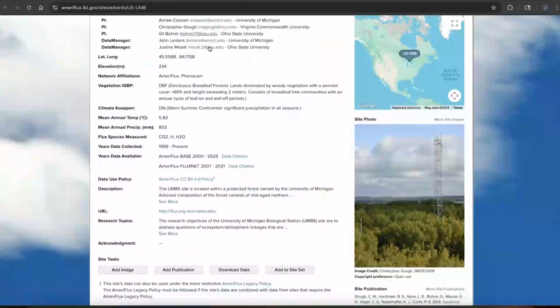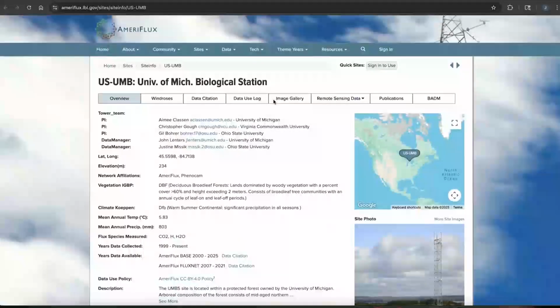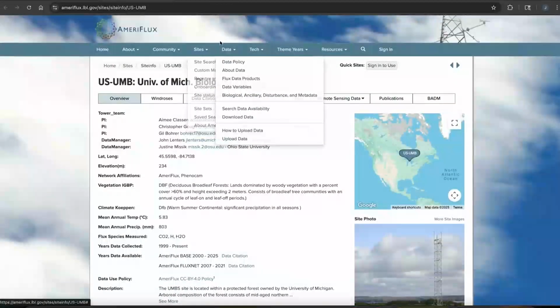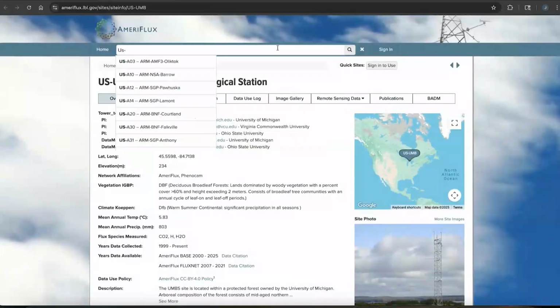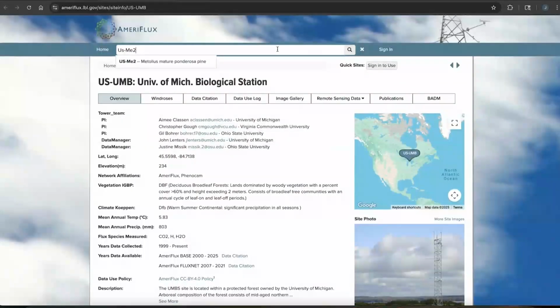So I'll pull that up by searching for it directly in the Ameriflux website. I'll search for USME2. If you don't know the site identifier of your specific site, that's okay. You can find it by using the OCO-3 SAM website that I mentioned at the beginning of this exercise.